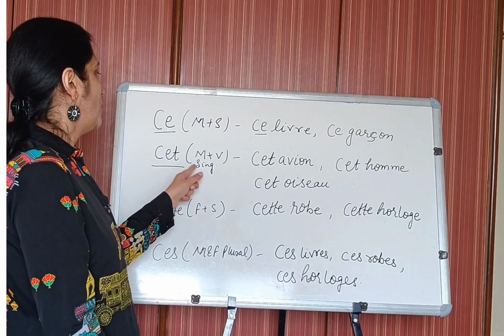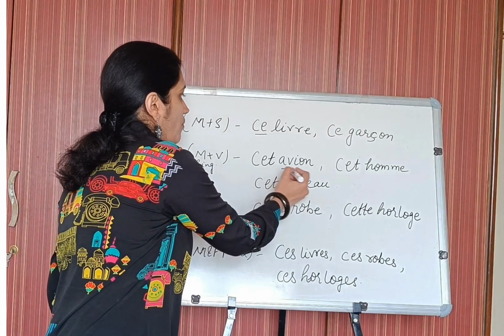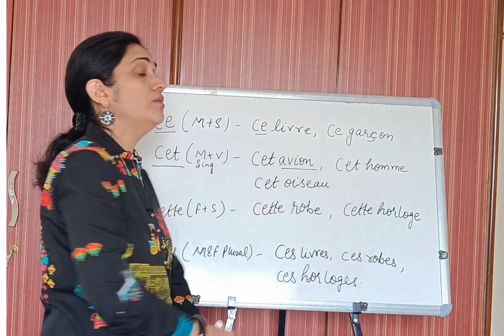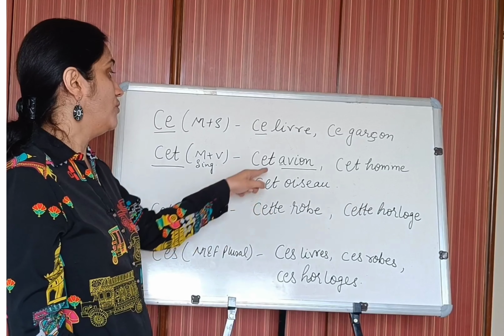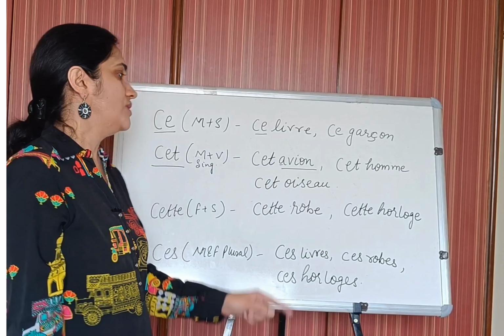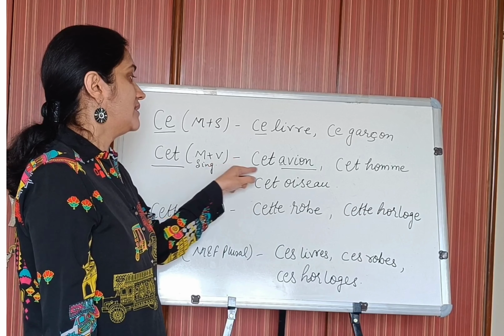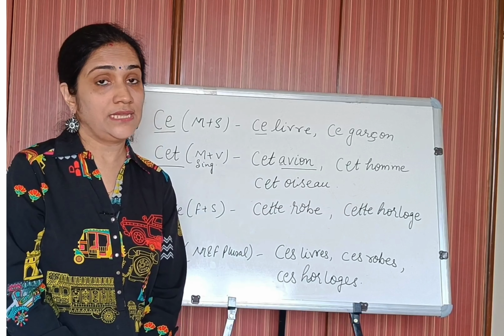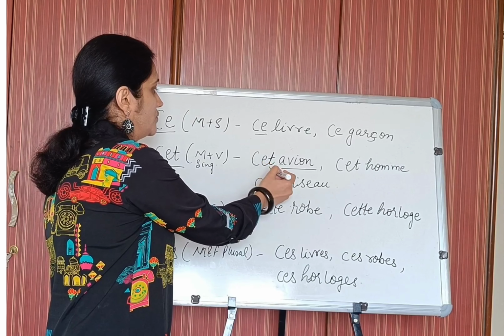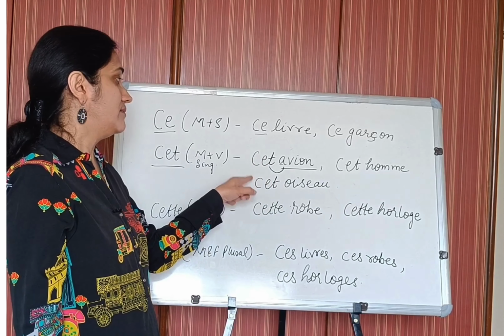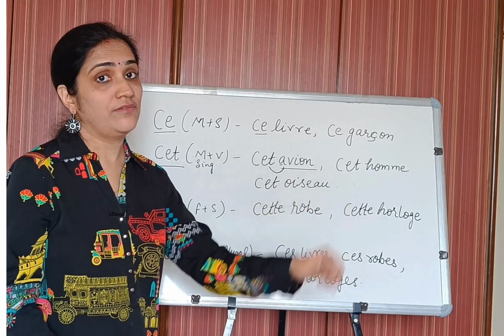The first example of such a category is avion. Avion is an aeroplane in French, and it is beginning with a vowel. So you will say cet avion. While pronouncing, you have to link the vowel and the consonant. It is a must in French.